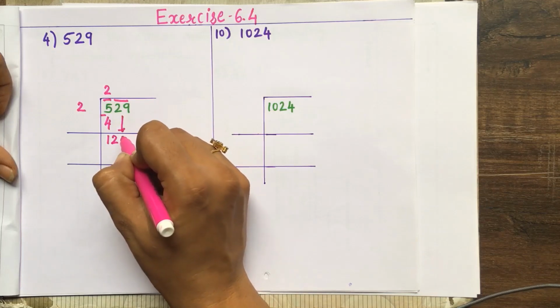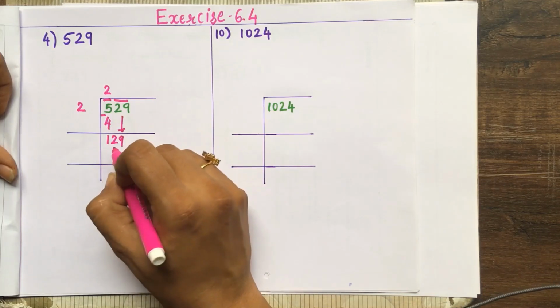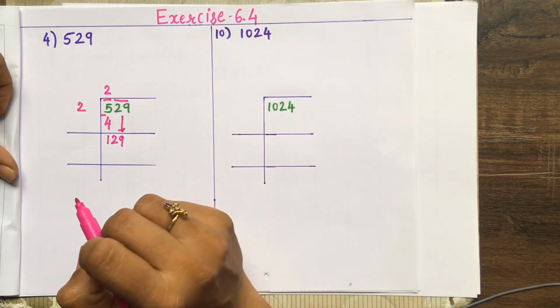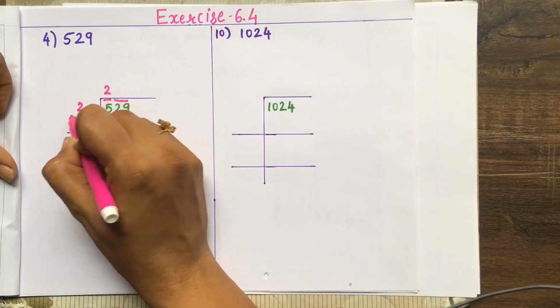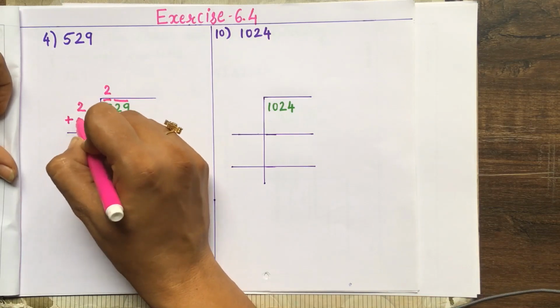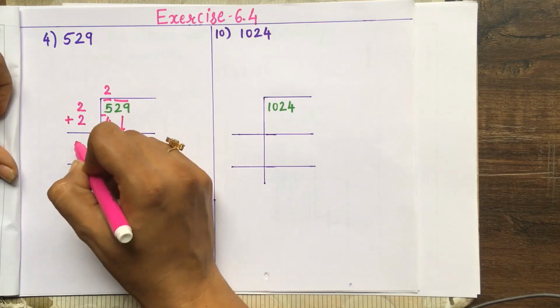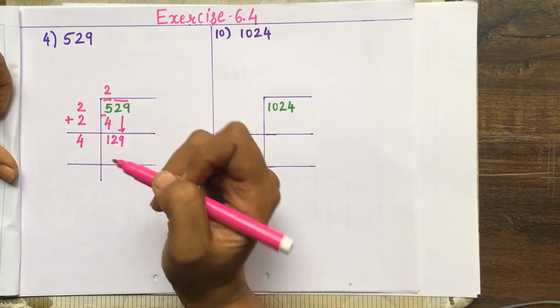Okay. Now bringing this 29 over here, so the new number is 129. Now here, as I said, the same number I have to add, that is 2 plus 2, that is 4.